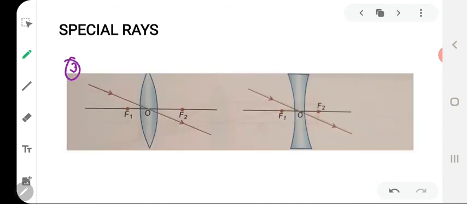Coming to the third one, both for convex and concave lens, a ray of light directed to optical center emerges straight, undeviated after refraction. I repeat, a ray of light directed to optical center emerges straight undeviated after refraction.